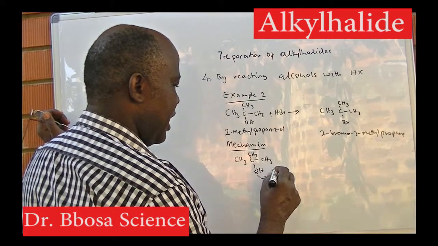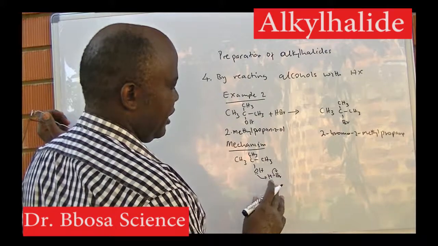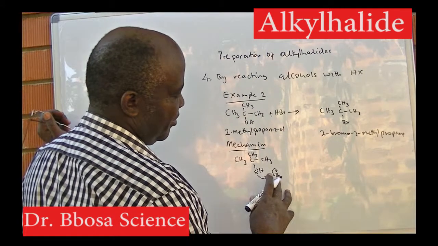The bond between H and bromine in HBr breaks and a pair of electrons is donated to the bromine atom.